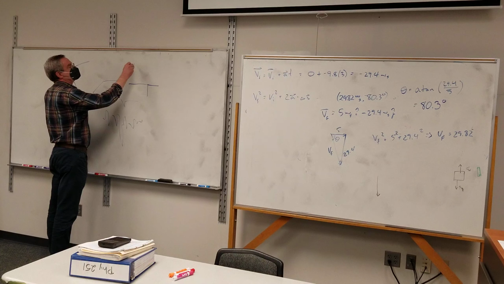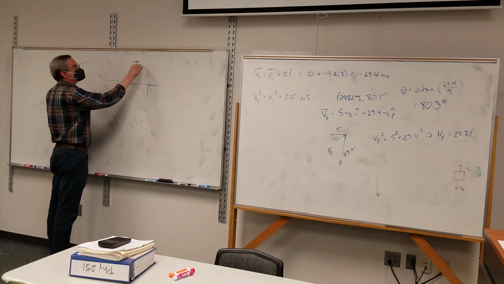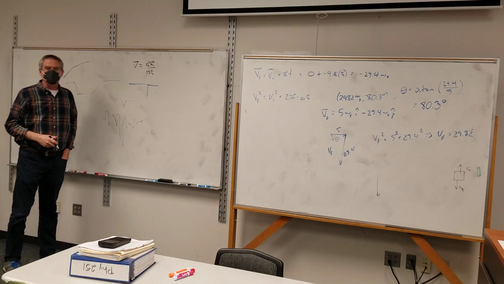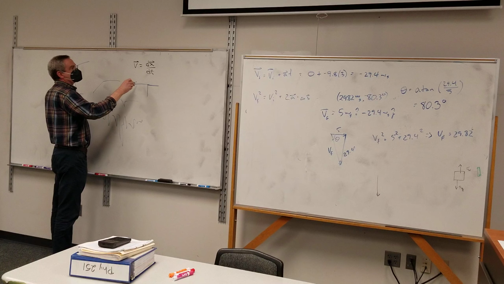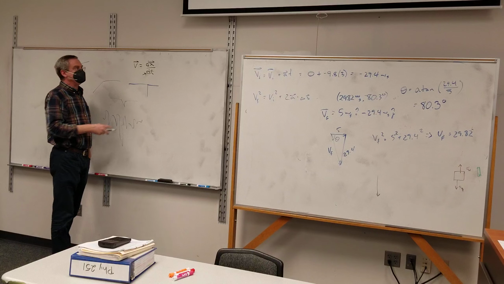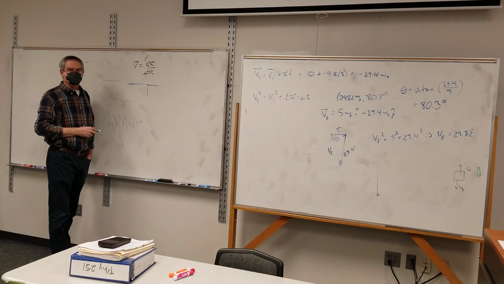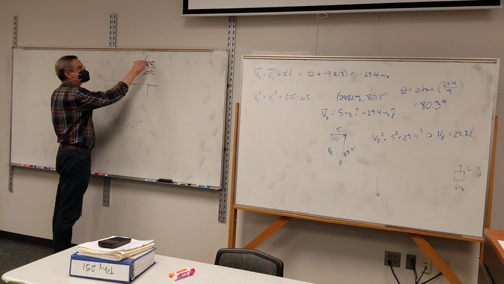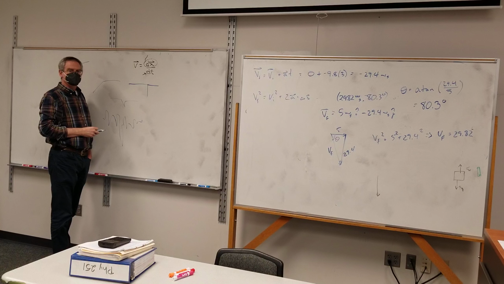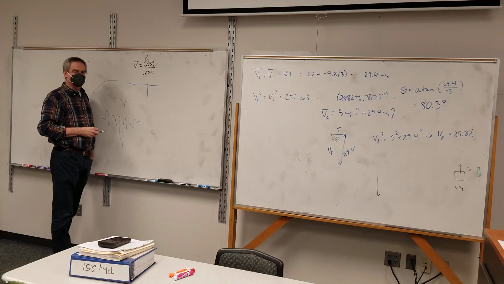Recall that velocity is dx/dt, or ds/dt, or whatever you use, where dt is an infinitesimally small change in time, and dx is an infinitesimally small change in position. So in essence, that is instantaneous displacement. It's where are you relative to where you were a moment ago, as opposed to at the very beginning.